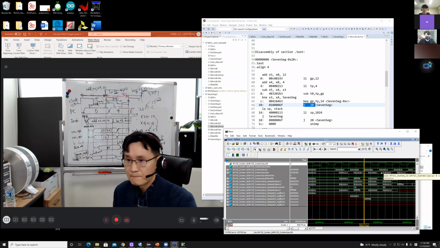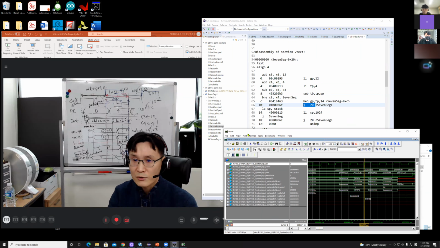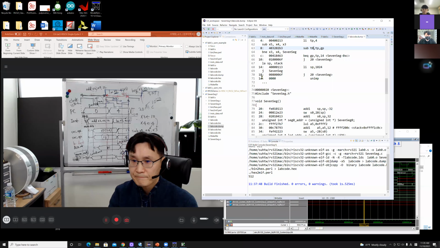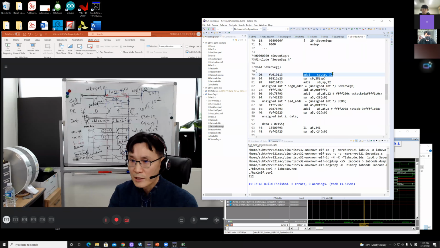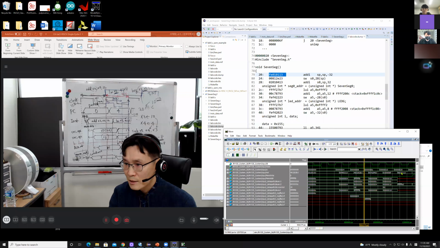So at C, the branch instruction BEQ, and 1, 0 is a jump instruction. The jump instruction is updating the program counter to 20. So PC got 20 here. Executing 20, that addition instruction, FE something, right?